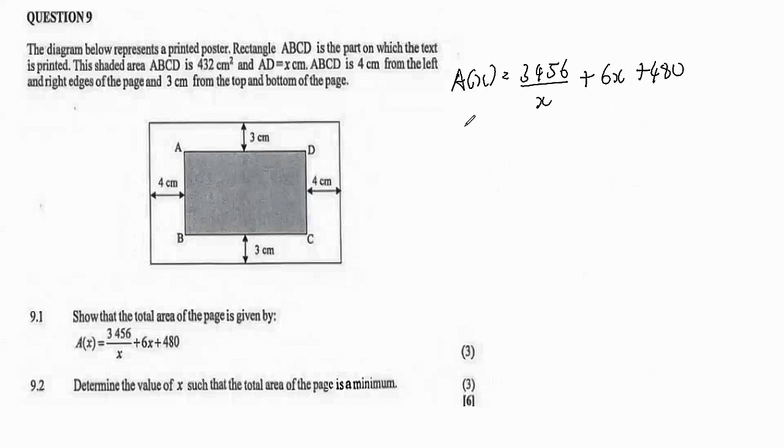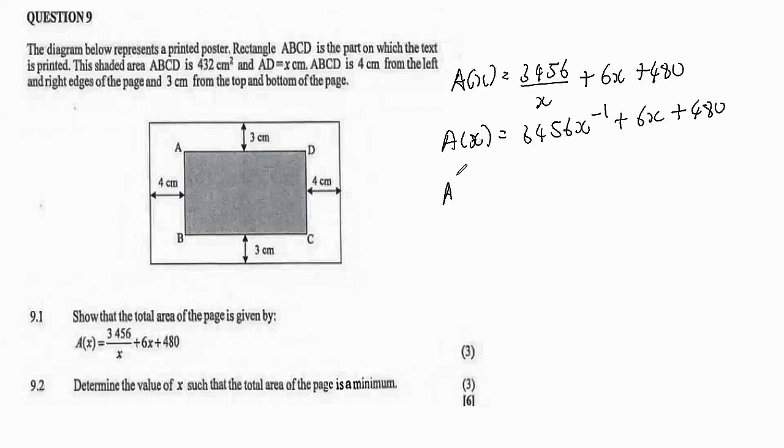At this point, we want to prepare our equation for derivation. So making sure that the x there is not a denominator, it goes to the numerator, because remember, we cannot derive with our variable on the denominator. So that's 3456 x to the exponent of negative 1, then plus 6x plus 4/8. Now at this point, you want to derive.